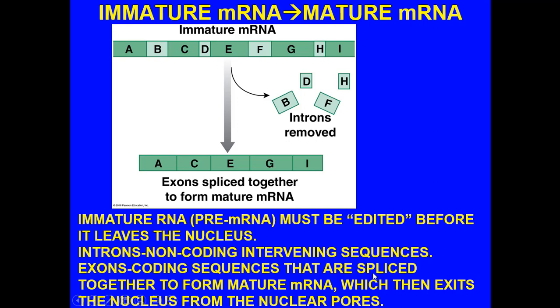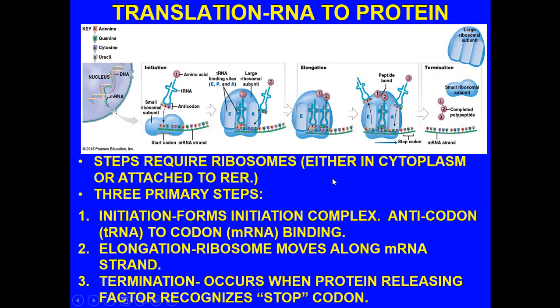These are the coding sequences that are spliced. They'll be put together, A, C, E, G, I. Once this is all done, and you have the mature messenger RNA, this strand of messenger RNA will exit the nucleus from the nuclear pores.